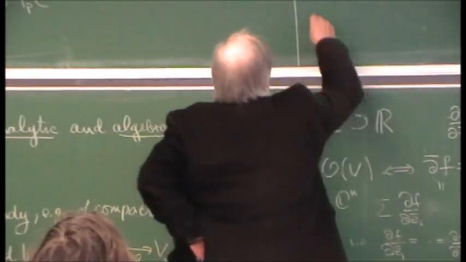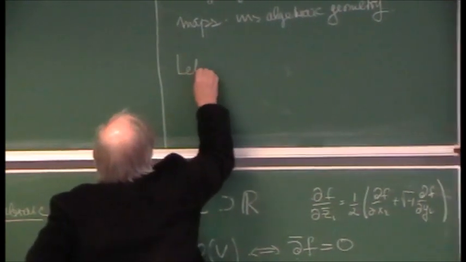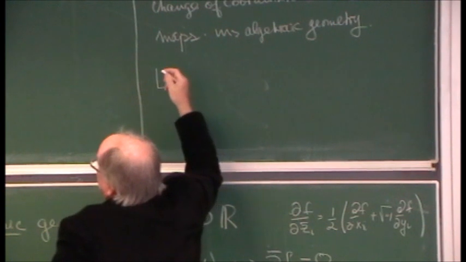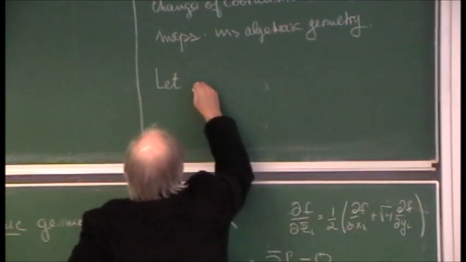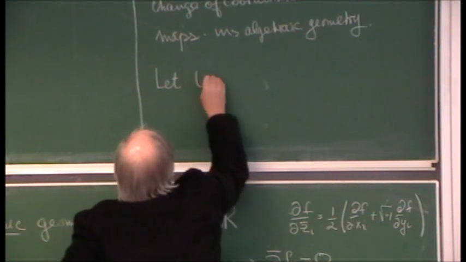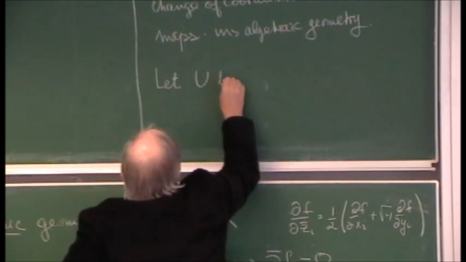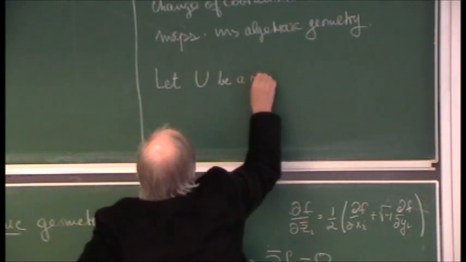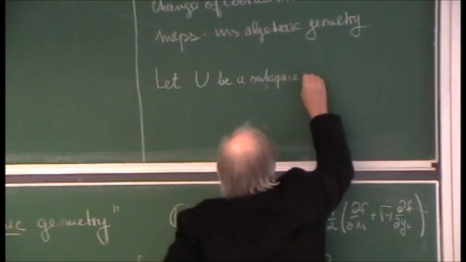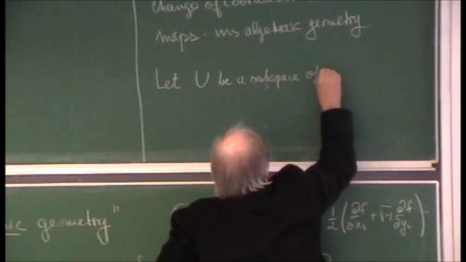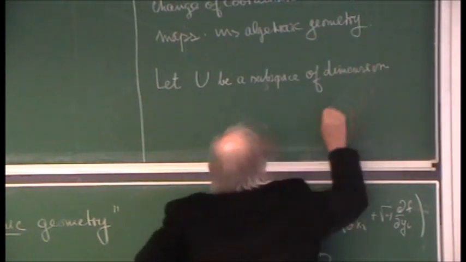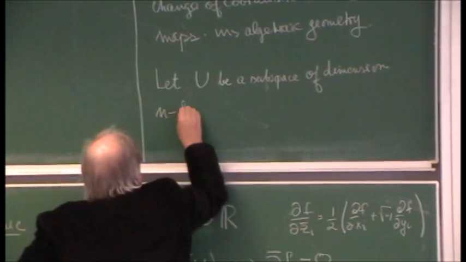So, for the case of the Grassmannian, for example, let me call it U, be a subspace of V of dimension n minus k.